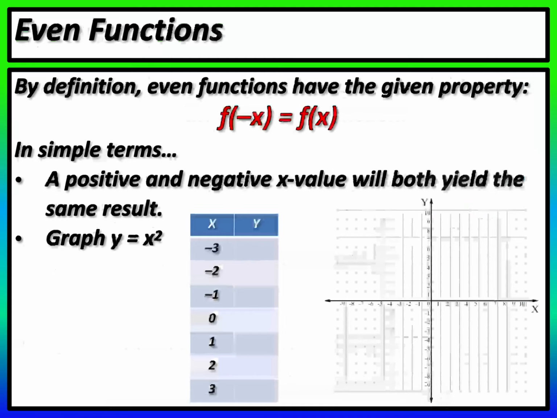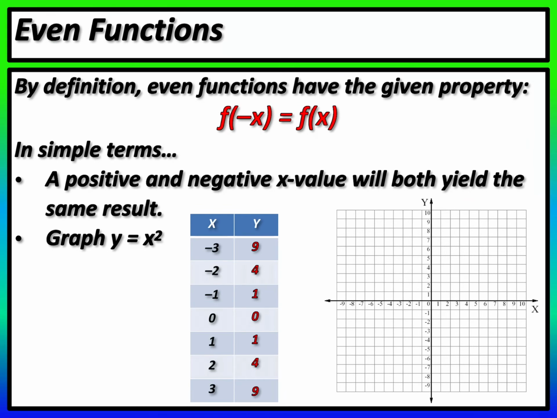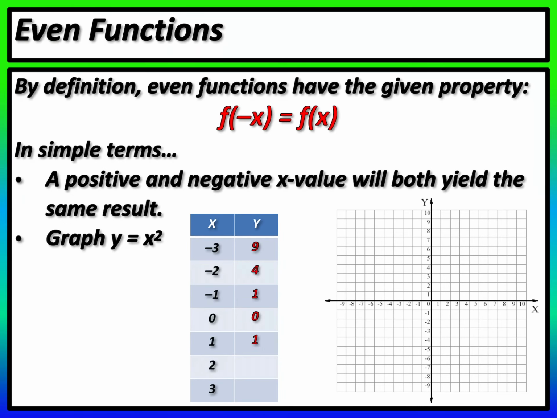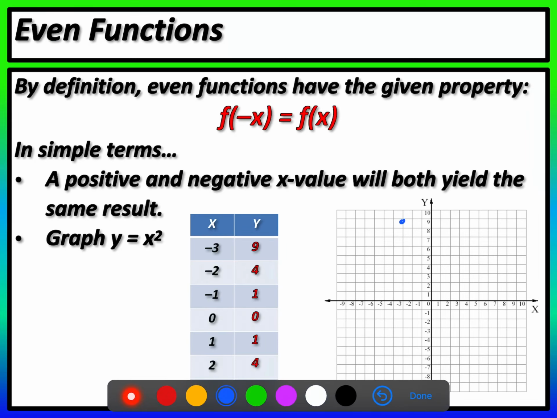Okay, so what does it actually look like when I have an even function, and what does it mean? So for even functions, I can take a positive and a negative x value of the same number, and it produces the same y value. So positive 3 and negative 3 are producing the same y value. So if I very quickly plot these points, maybe not so quickly.